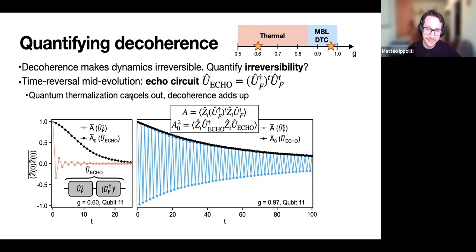So we can look at this kind of echo circuit where we have a number T of periods of forward evolution, followed by the same number of periods of backwards evolution, which we can achieve by just changing the couplings in our gate set. And again, here it's crucial to have this freedom of choosing couplings at runtime.